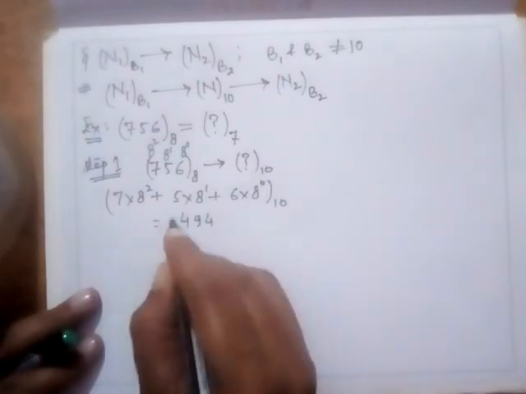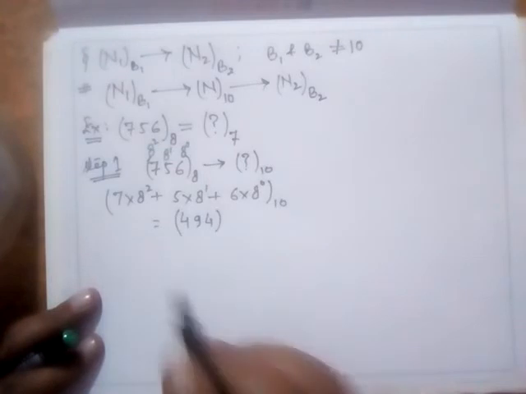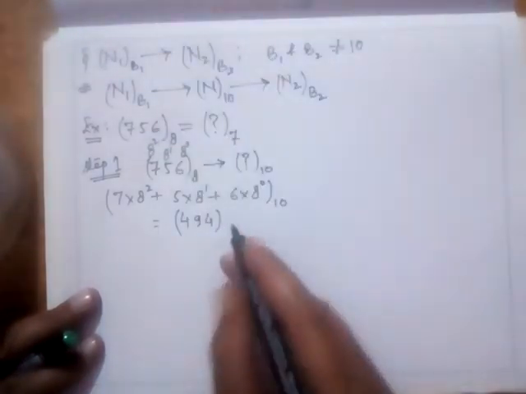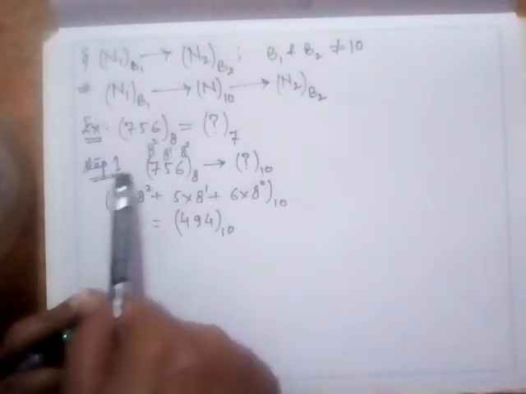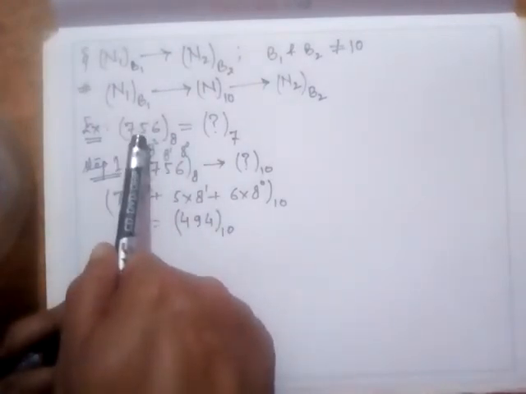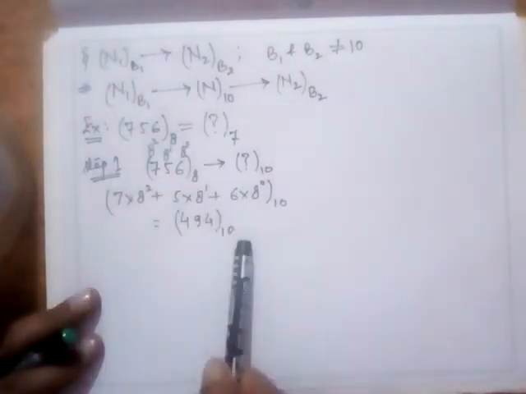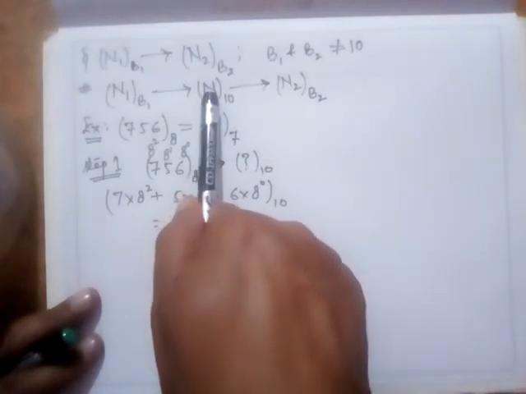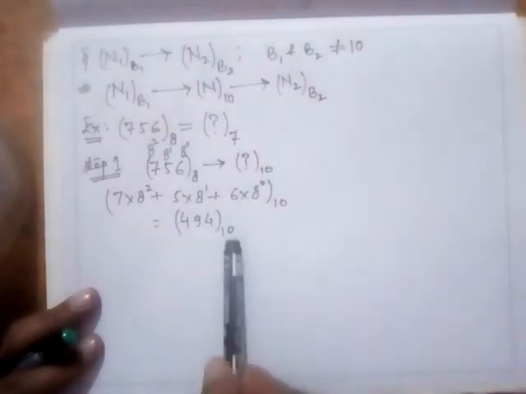I request you to please cross check it always after the lecture. So this is base 10, meaning I have reached up to this stage. I have converted this number from base 8 to base 10, and now I'll convert this base 10 into base 7.